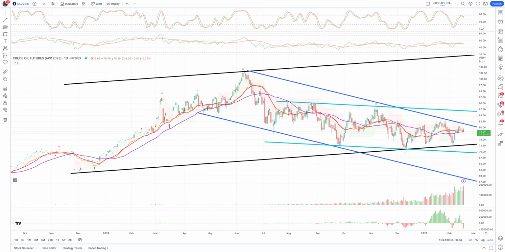We don't need to get super carried away. We don't want to clutter the chart, but we just want to notably identify some of the bigger areas that price is likely going to react to.